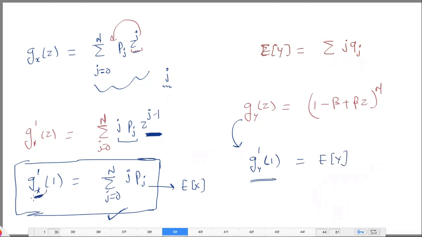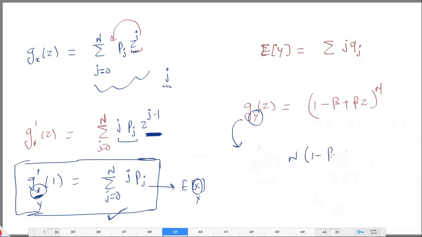If we just plug in Y, then it will be the expectation of Y. So just differentiate this with respect to z only.